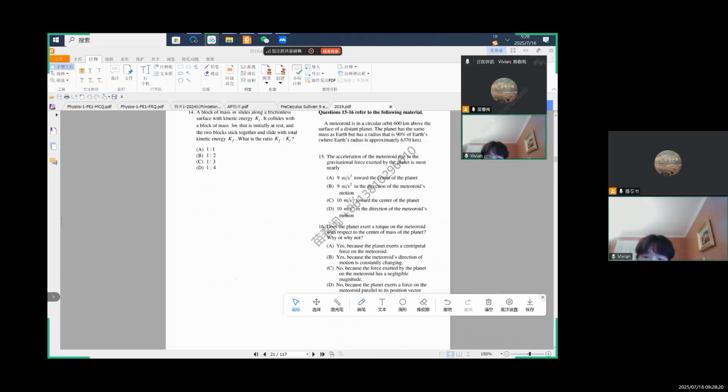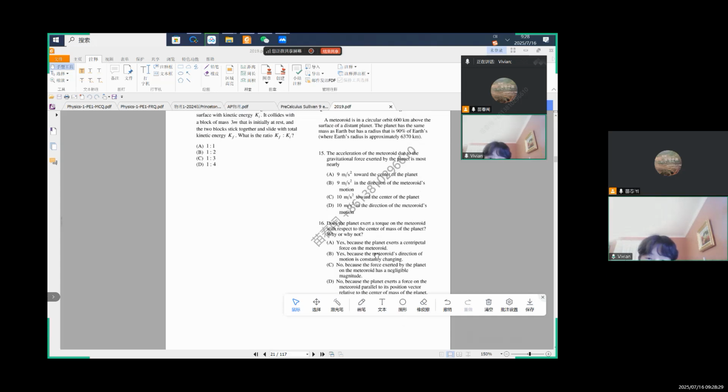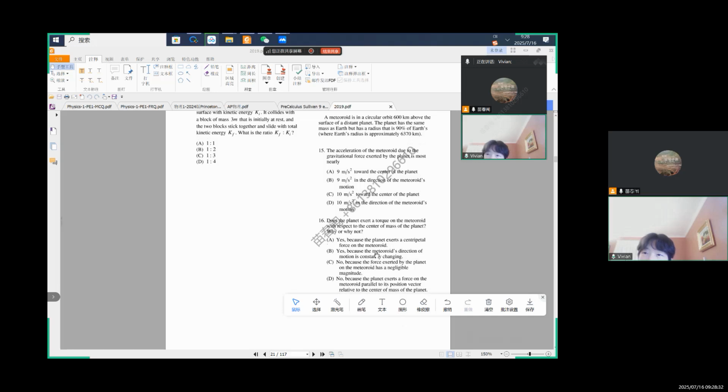Torque on the meteoroid with respect to the center of mass of the planet. Why or why not? Torque on the meteoroid with respect to the center of mass of the planet.